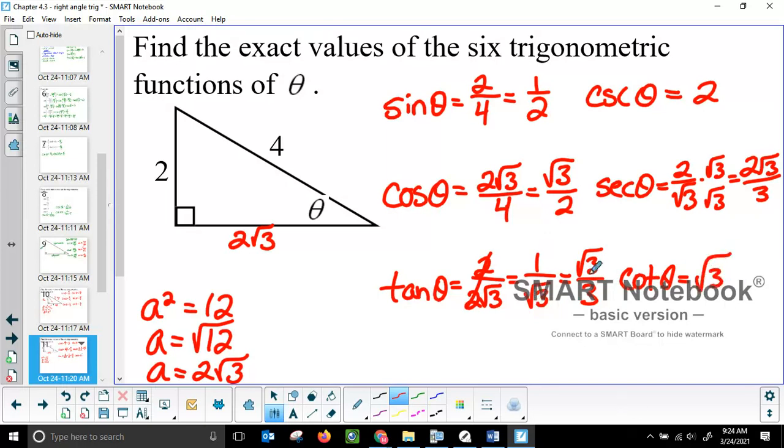You can flip the rationalized one, you would get 3 over the square root of 3, and then you would have to rationalize, and then you would get 3 square roots of 3 over 3, and then those 3's would cancel. But if you just flip the pre-rationalized tangent, then you save yourself all of that work. Just FYI. All right. Are we okay with those? Okay.